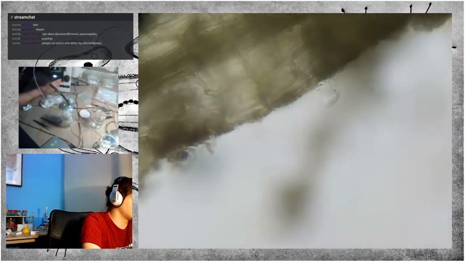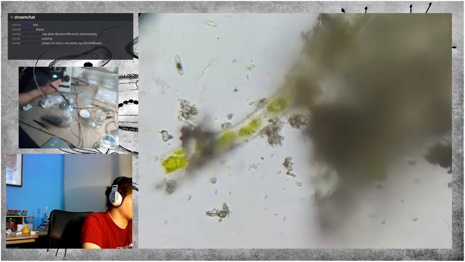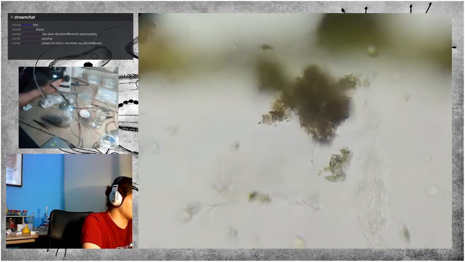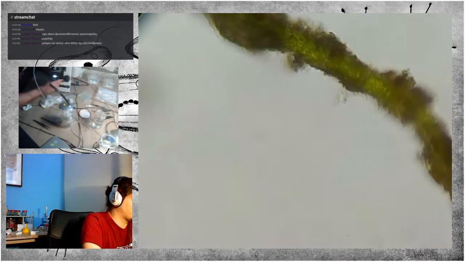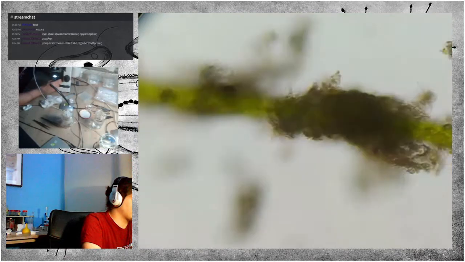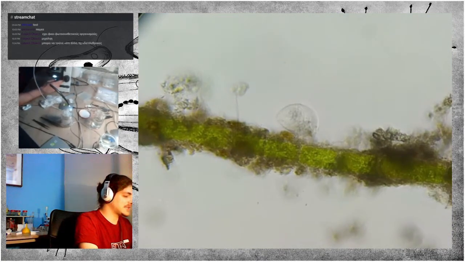Here's a ciliate. Quite a disappointing slide, I have to say again. Yep, I don't think there is anything else to see.